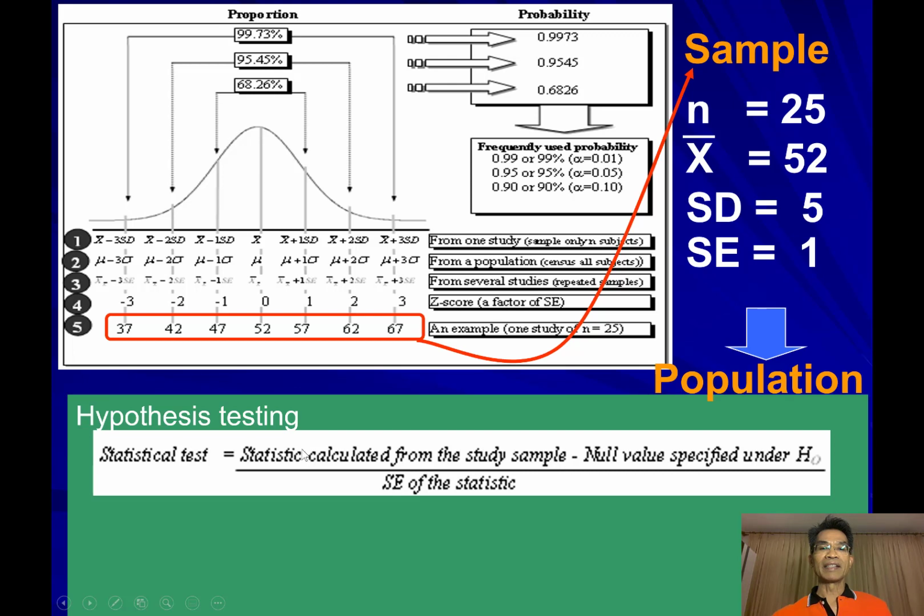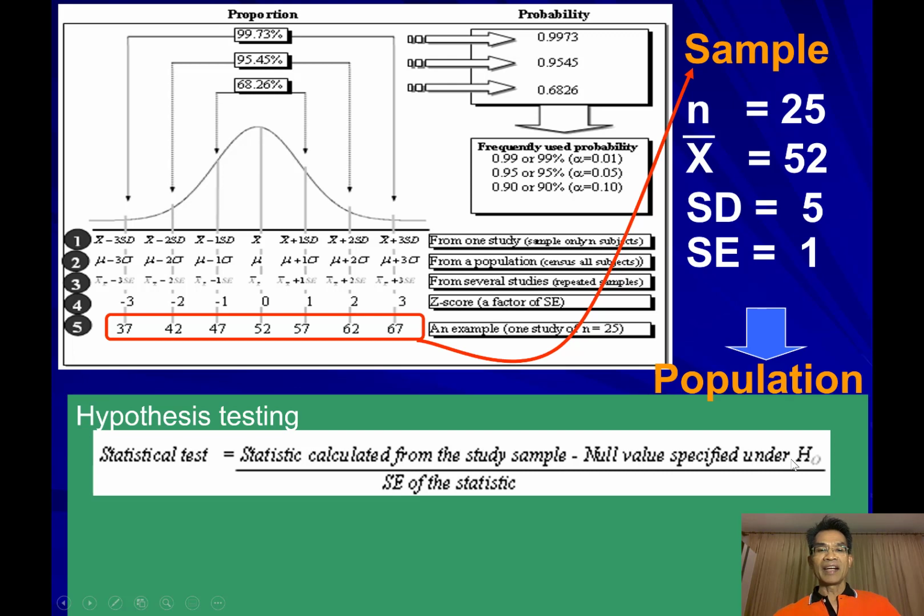We get the statistic from the study sample, take the difference from the null value, the null value specified under the null hypothesis, or H0, divided by the standard error.